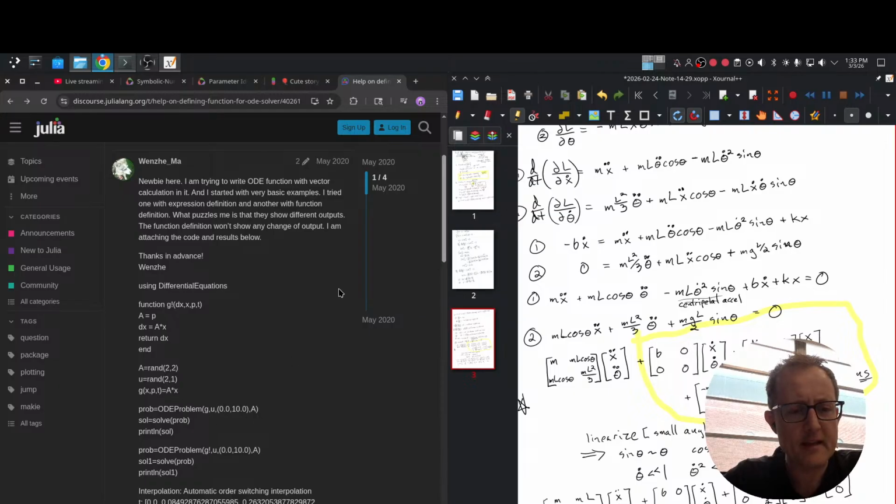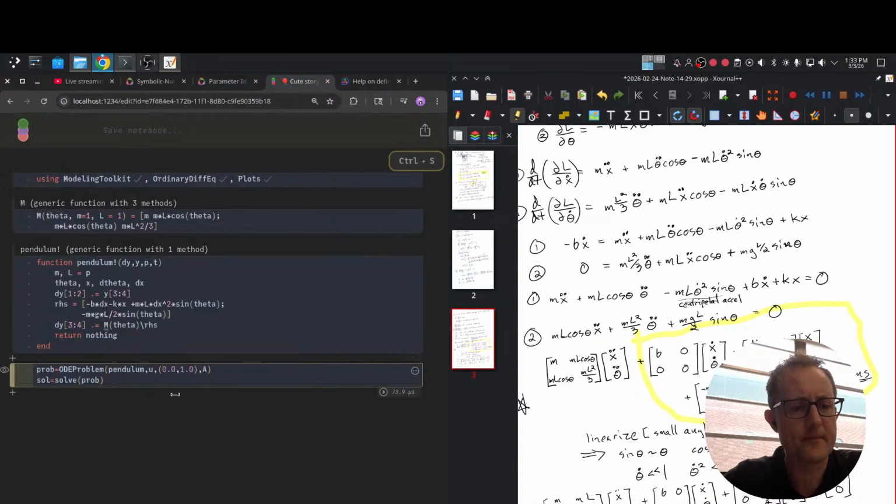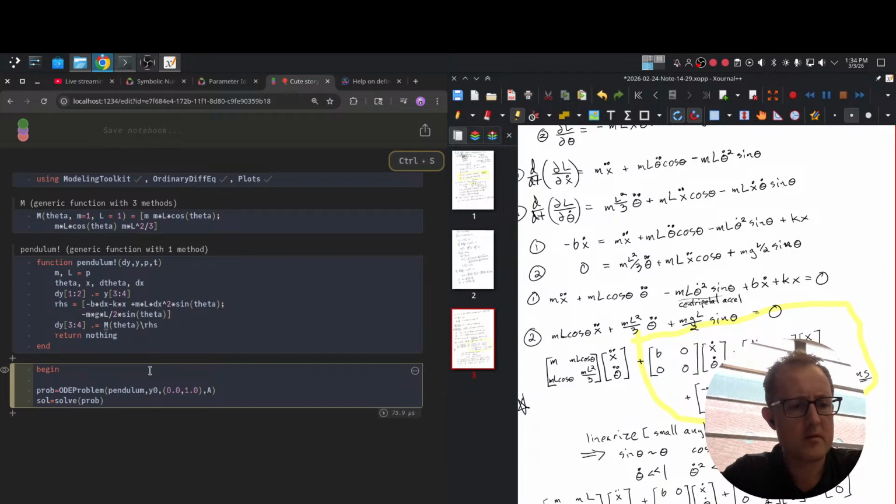I think that initial condition is here, right? And for initial condition, let's say pi over 3, 0, 0, and 0. Just some initial angle, but then no initial speed, no initial x position.